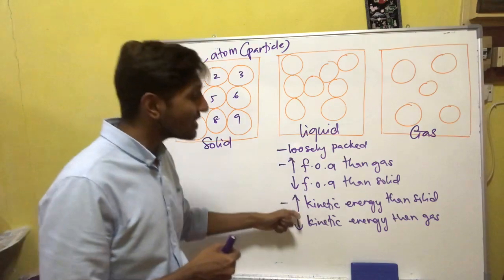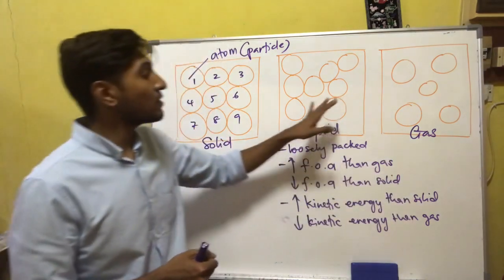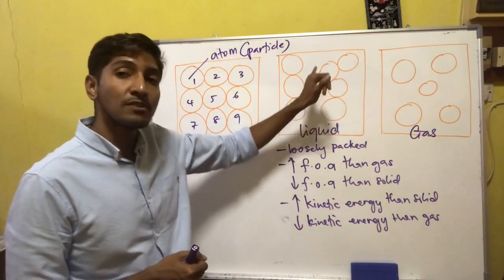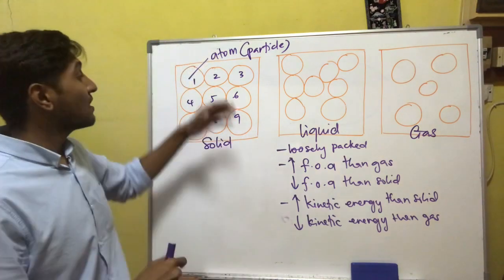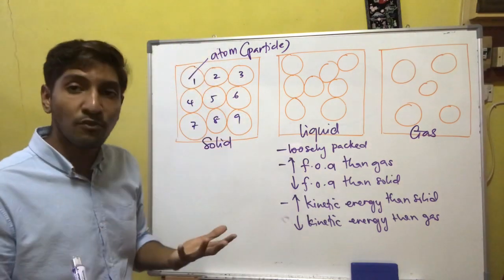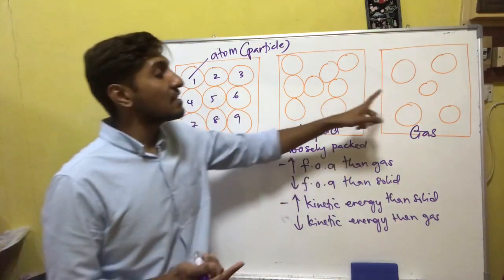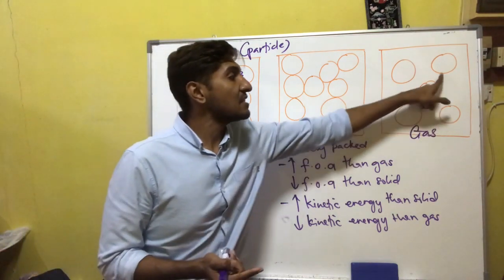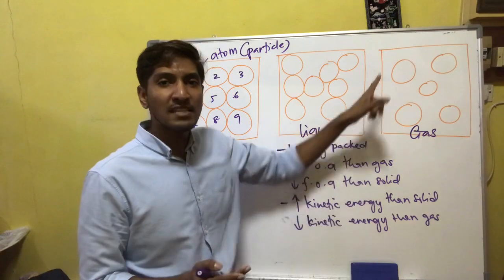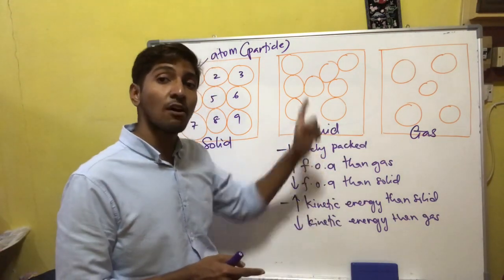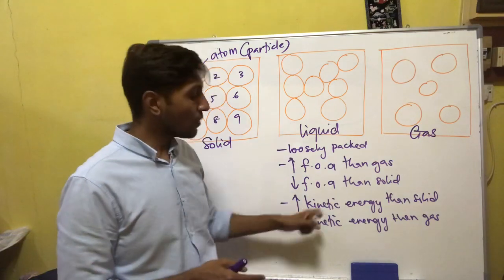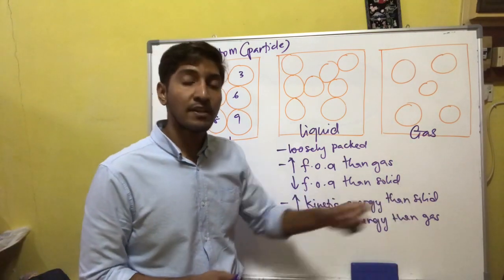It has a higher kinetic energy than solid because, as you can see, there are spaces in between, so it can move freely, rather than solid where it couldn't move freely. But since in the gas there are ample spaces in between the particles, it cannot beat the kinetic energy of gas, therefore it has a lower kinetic energy compared to gas.